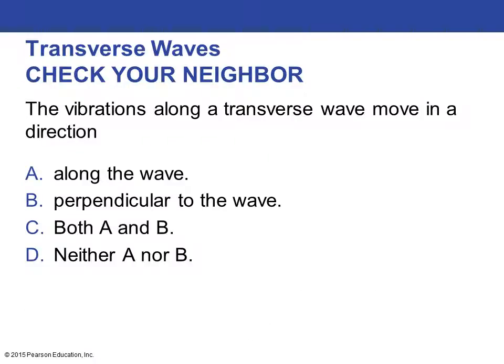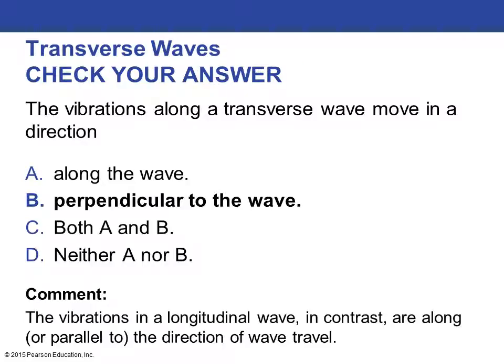Another question: the vibrations along a transverse wave move in a direction along the wave, perpendicular to the wave, both, or neither. The answer is perpendicular to the wave. So again, those vibrations are moving up and down, while the wave itself is moving forward.